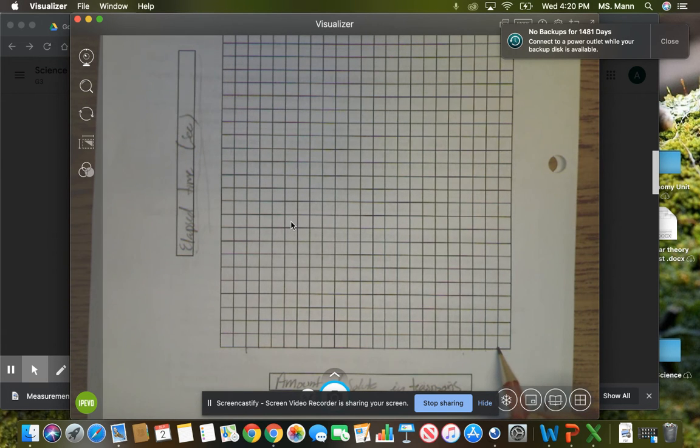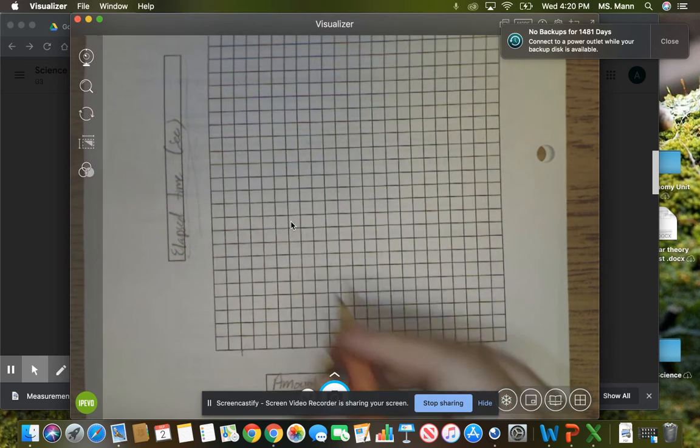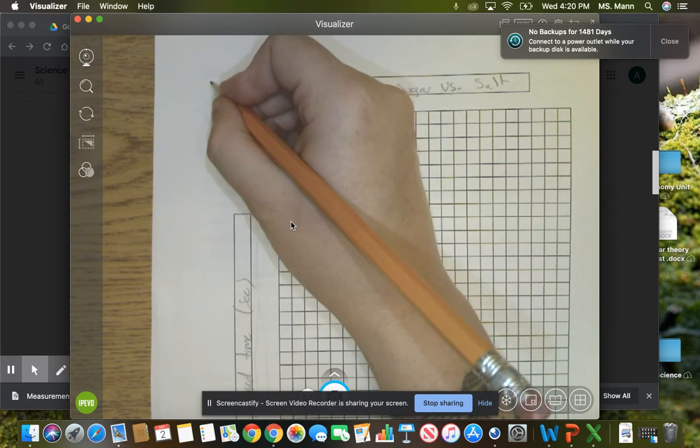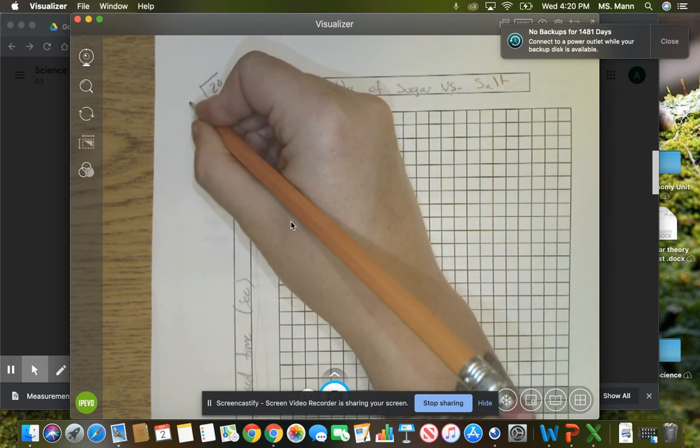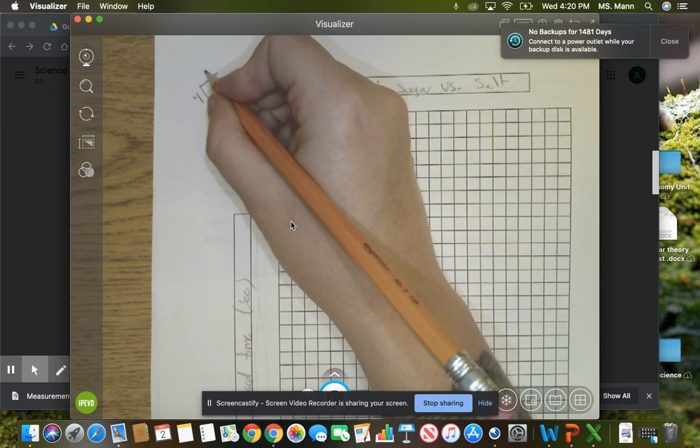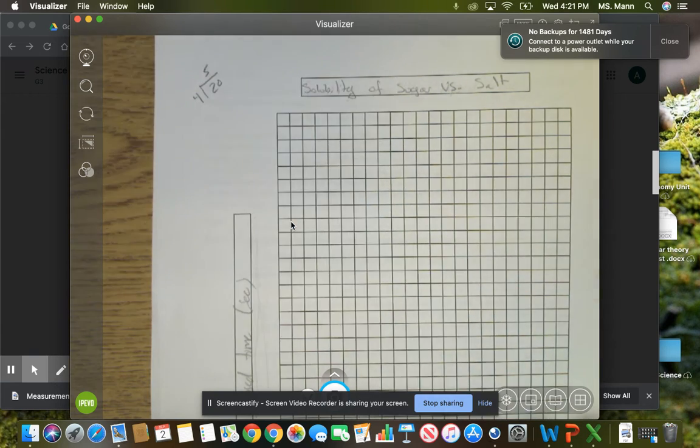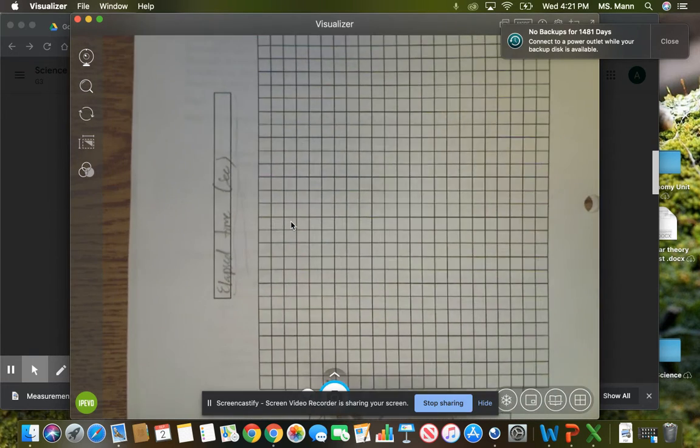So 4 doesn't go into that evenly. So we can take 2 out because 4 goes into 20 evenly, right? 20 divided by 4, 4 goes into 20 5 times. So you need 5 total lines, right?